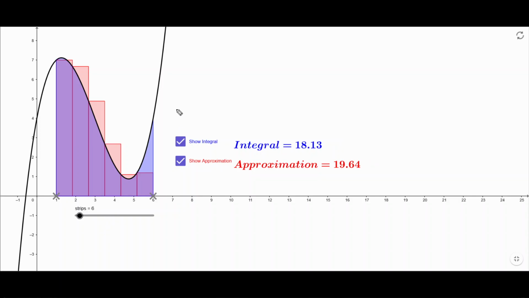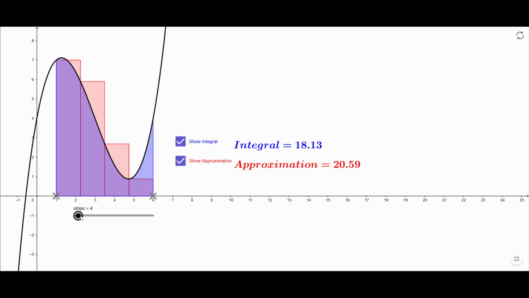So if we increase the number of strips, the area will become very, very close to the exact area. So right now the number of strips is say 3. So the approximate value is 21.6, which is a lot higher than 18.13.